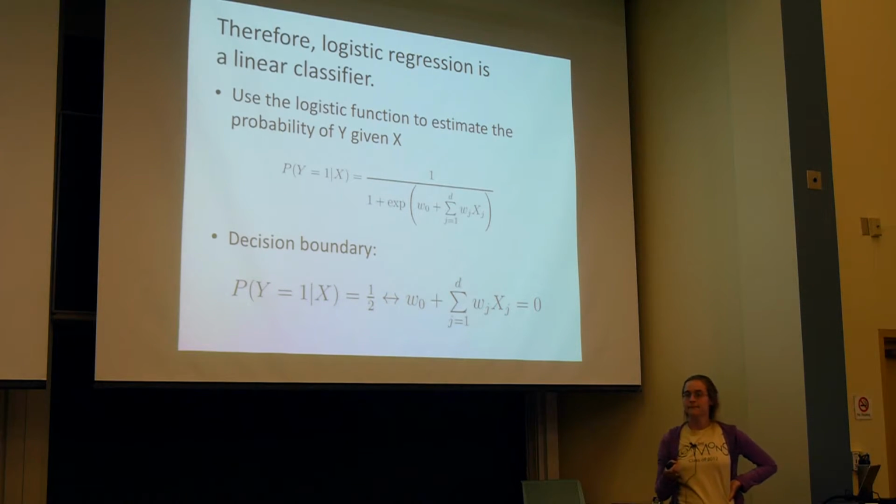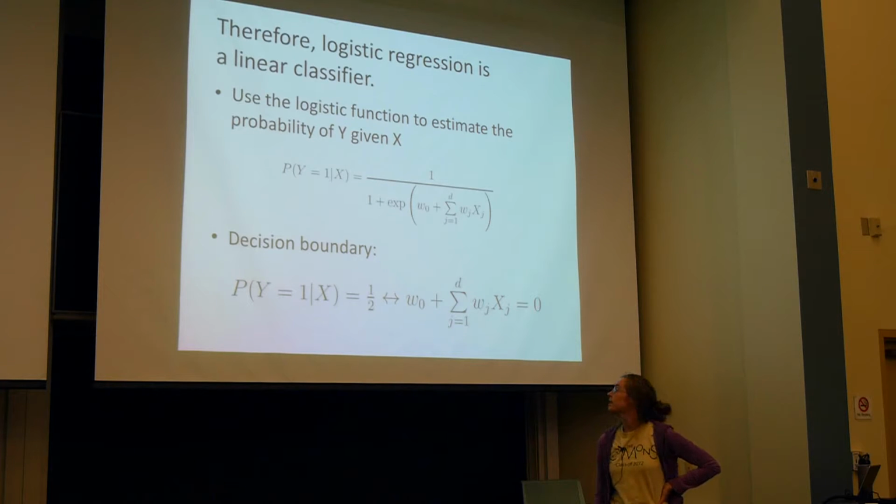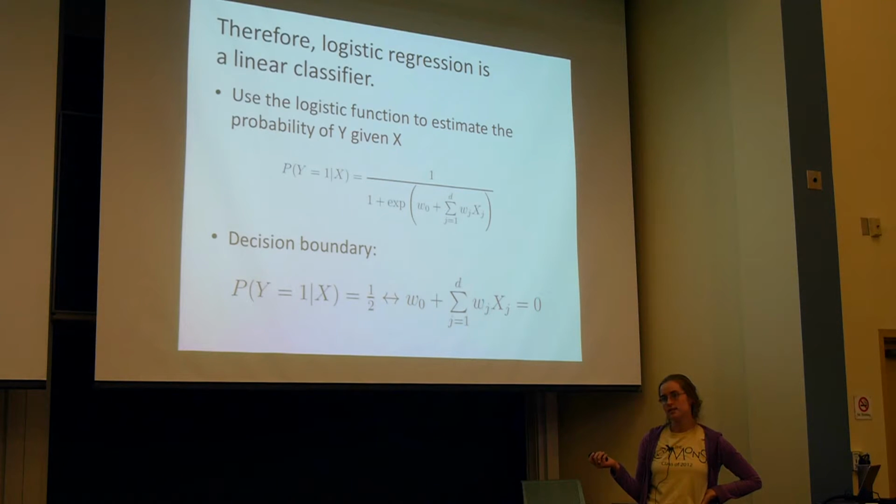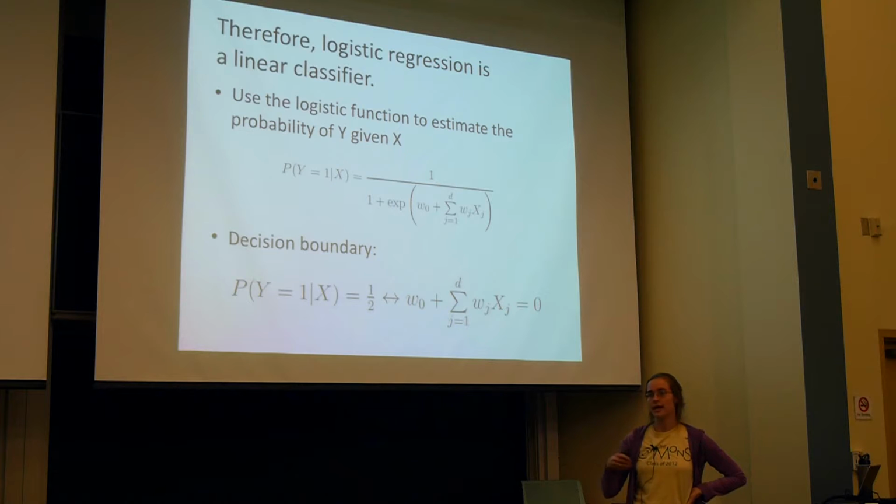Yeah? Can you classify into more than 2 classes? Yeah, you can classify into more than 2 classes. In that case, you modify, Tom had a slide on this in the lecture, I think. So then you have more weights that you learn. If say you have k classes, then you have to learn the weights for k minus 1 of the classes, because the last one has to sum to 1, so whatever you figure out before, you get that.